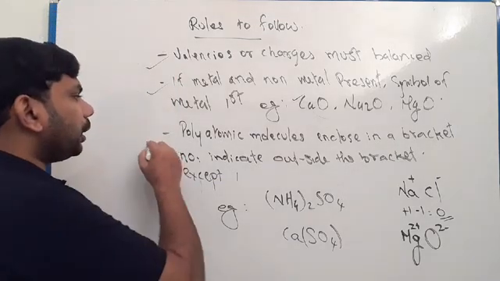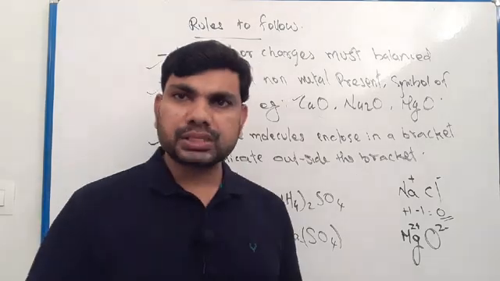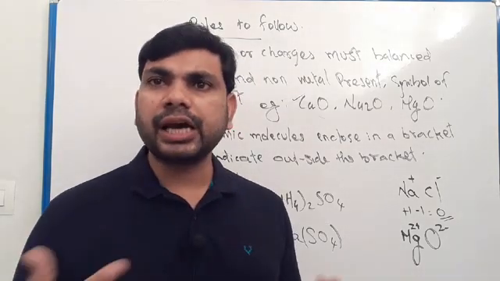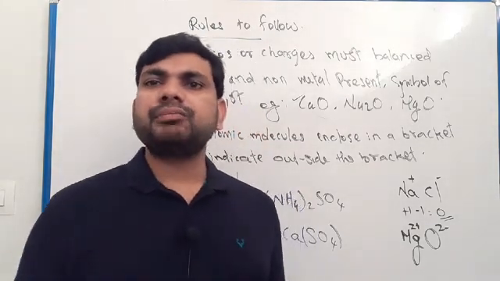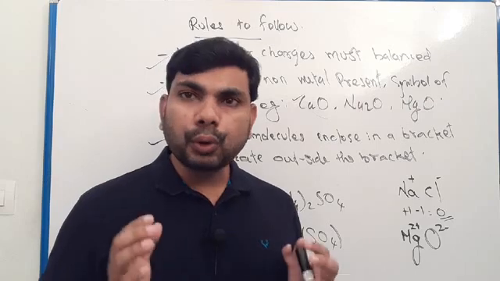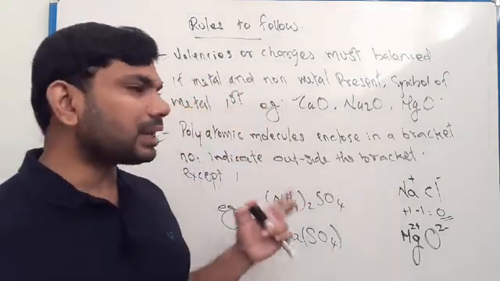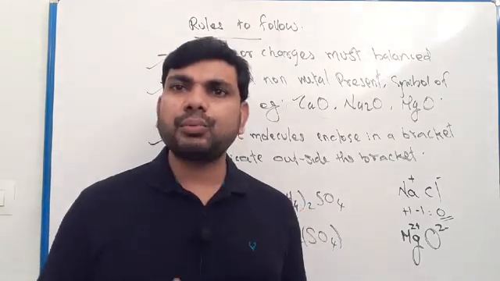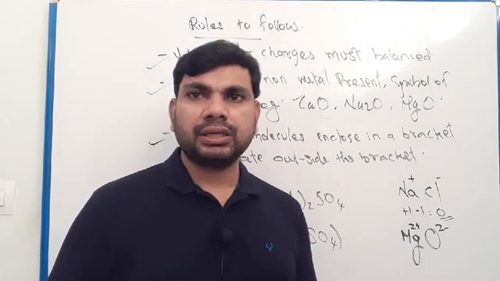Here the third point we discussed before: polyatomic molecules. Polyatomic molecules: hydroxide, carbonate, nitrate, sulfate, ammonium. This type of molecules are polyatomic molecules. In case the compound contains polyatomic molecules, these polyatomic molecules must be enclosed in a bracket.